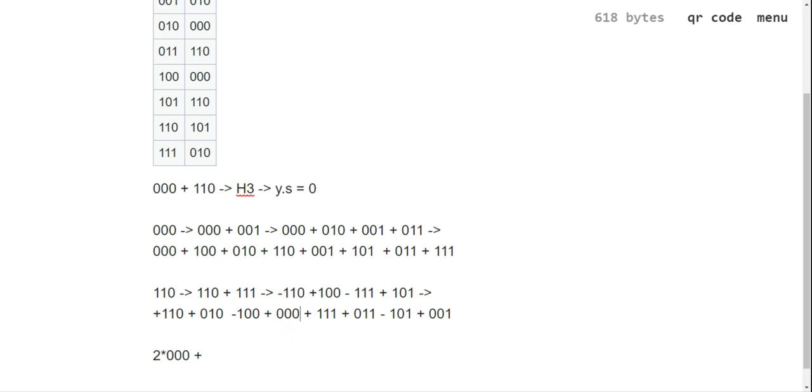I'm just gonna mark those ones with a little asterisk, so I know that I've used them already. Good. So 0, 1, 0 and 0, 1, 0, they actually are both positive. So you also get 2 times 0, 1, 0. 1, 1, 0.